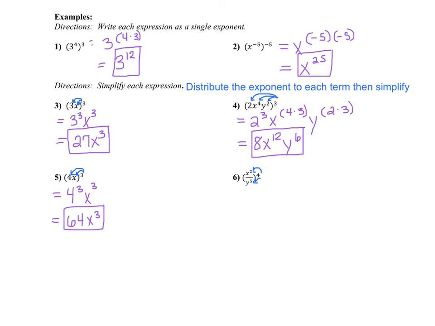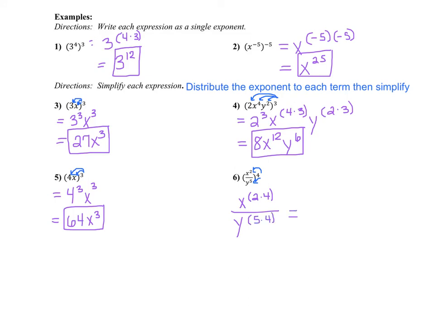We have x, and 2 times 4, because we distribute the 4 to the 2, over y, and 5 times the fourth power.